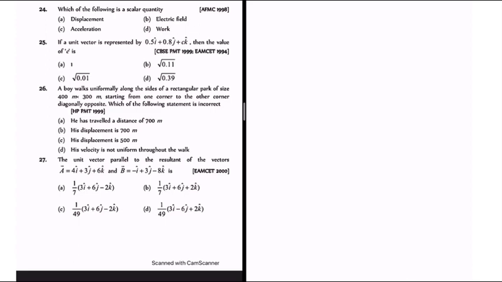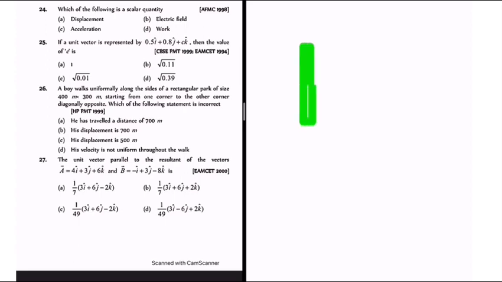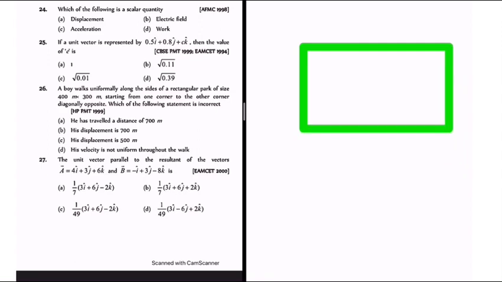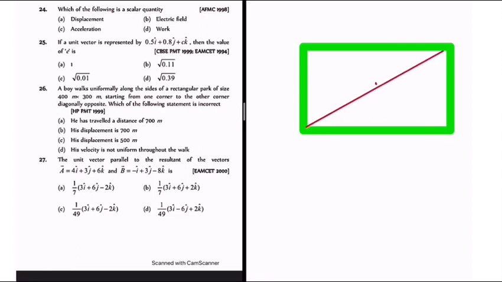26th: a boy walks uniformly along the sides of a rectangular park of sides 400 and 300 meters, starting from one corner to the diagonally opposite corner. Which of the following statements is correct? First of all, let me draw the park. Say this is a rectangular park, and the boy is moving from one end to the other.